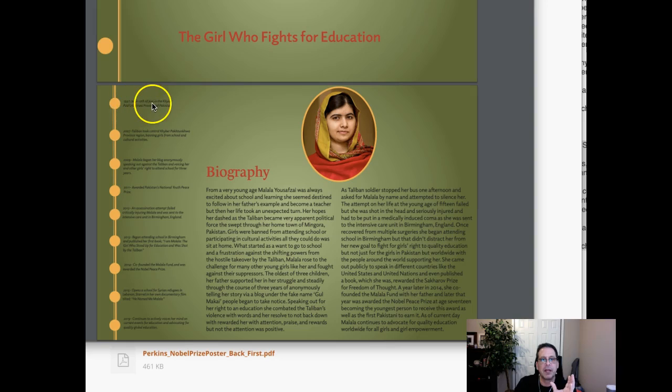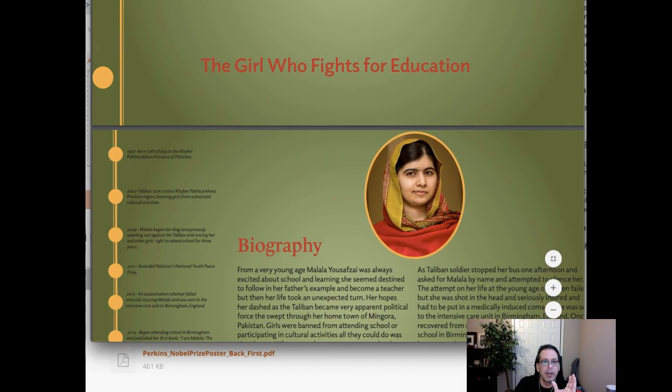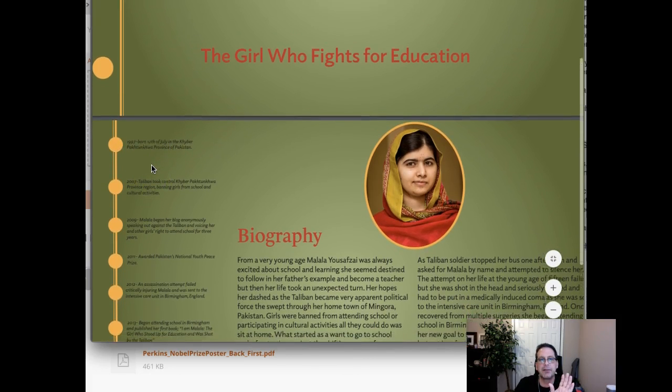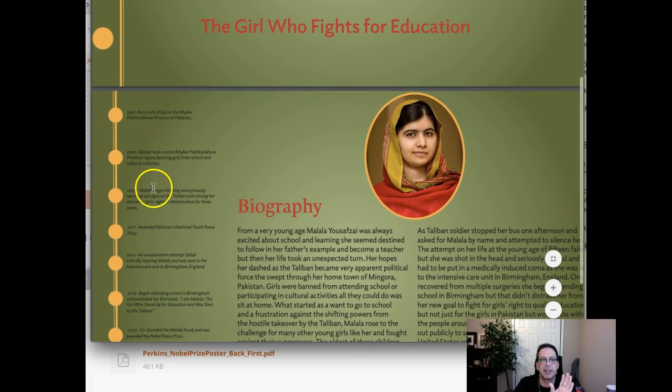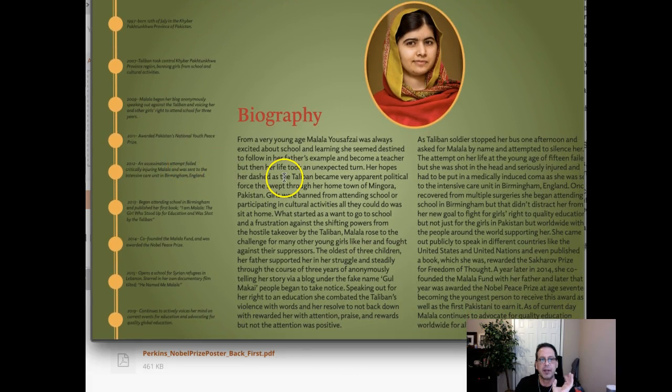Let's say she was born in 1997, and nothing else happened until 2019. Then there would be a large gap between 1997 and 2019, indicating that nothing really happened between those years. But if you had something happen every year, the gaps would be smaller, indicating that time lapse. I hope that makes sense.